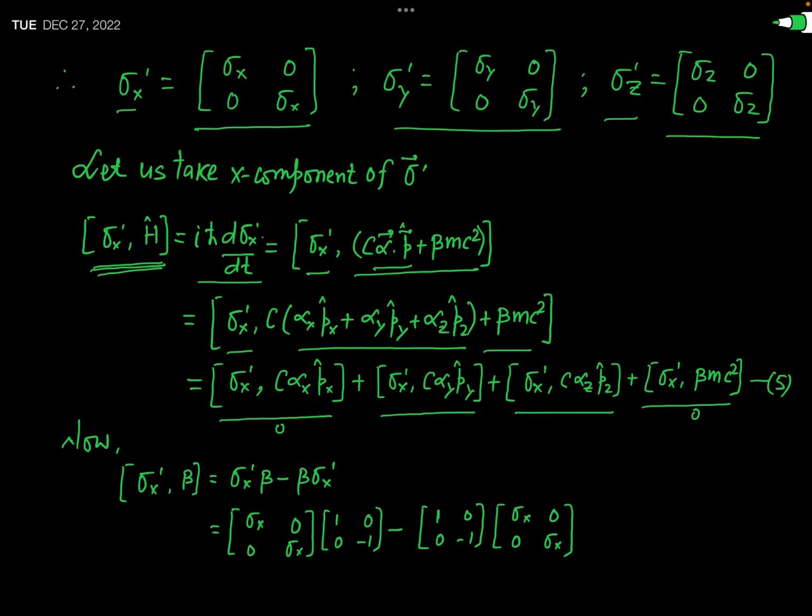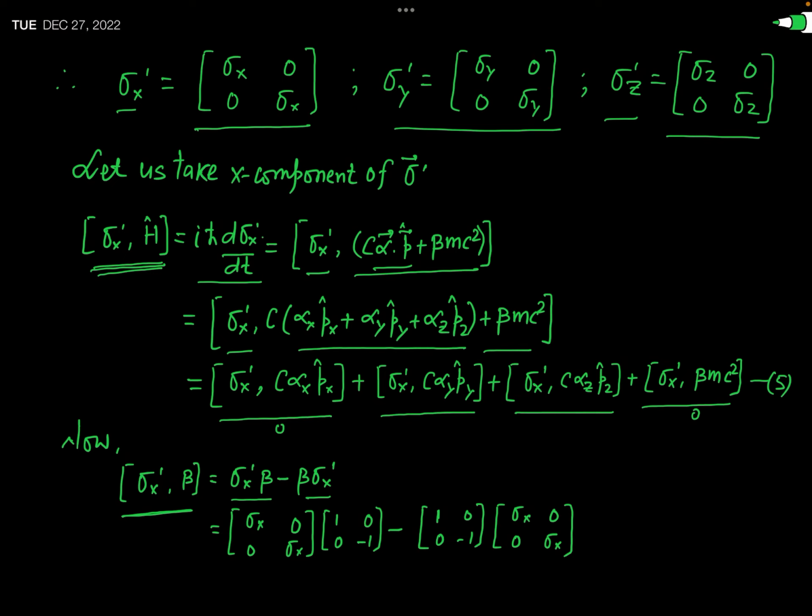In fact, we have to evaluate the commutator of sigma x dash and beta m c square, but m c square is a constant factor. So we simply evaluate the commutator of sigma x dash and beta. From the definition of the commutator operator, this is sigma x dash times beta minus beta sigma x dash.